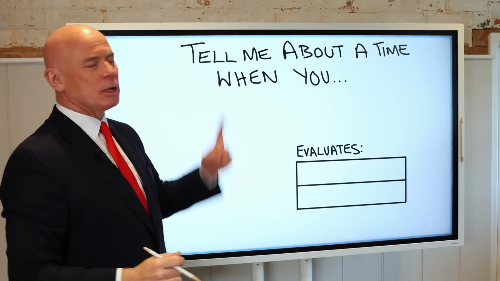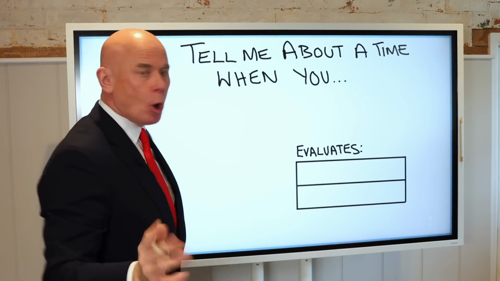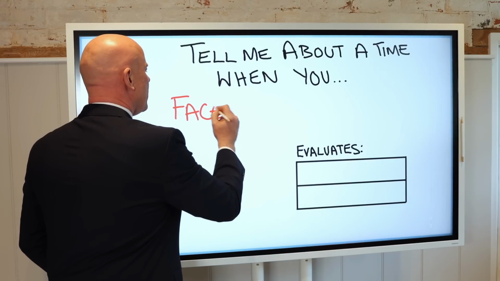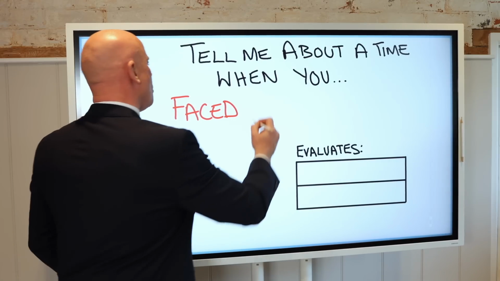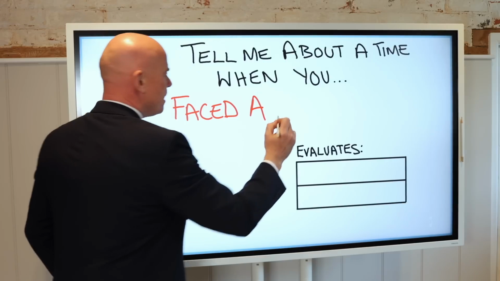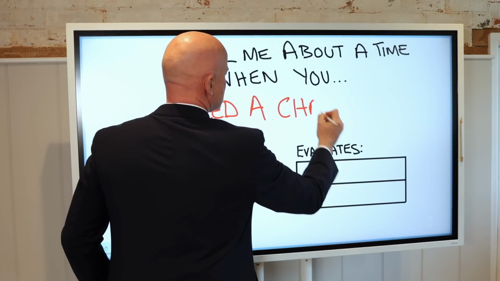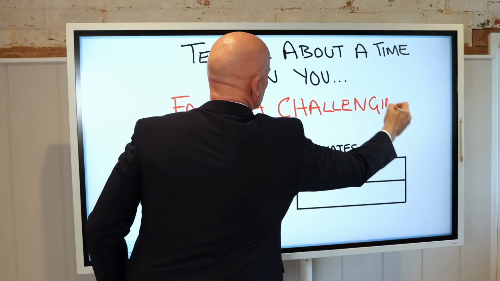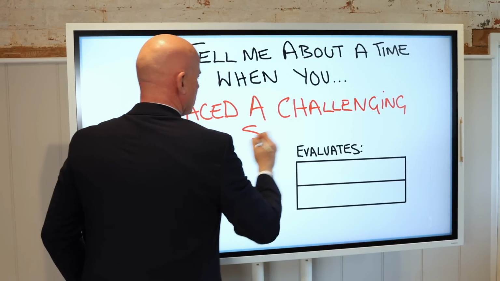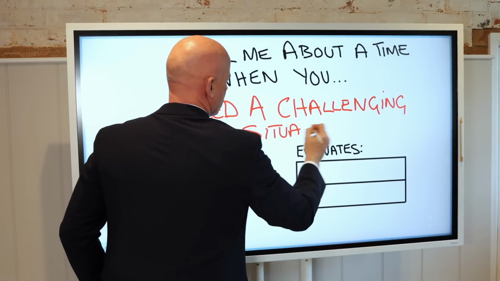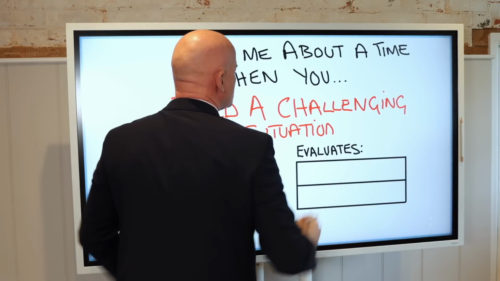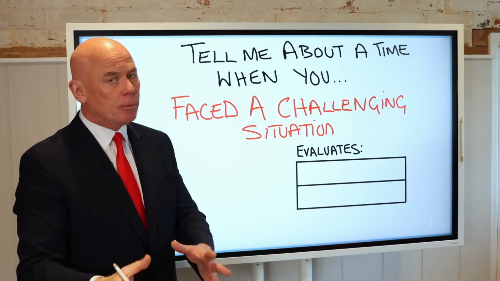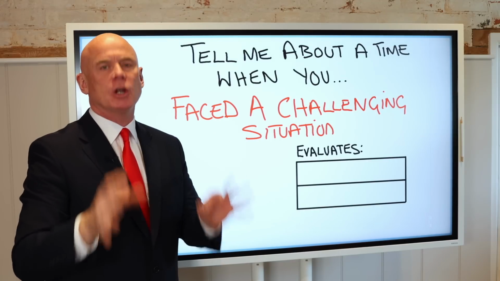Behavioural interview question number one that comes up all the time during job interviews is, tell me about a time when you faced a, write this down, challenging situation. Now, the challenging situation can come from either a previous job role or your personal life.